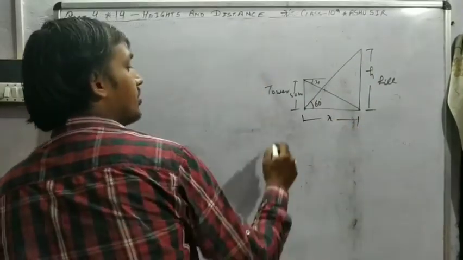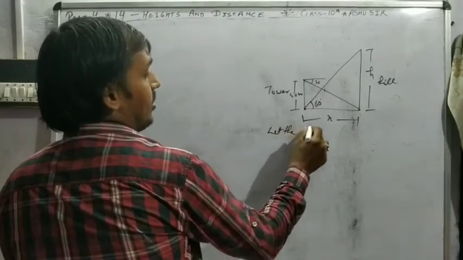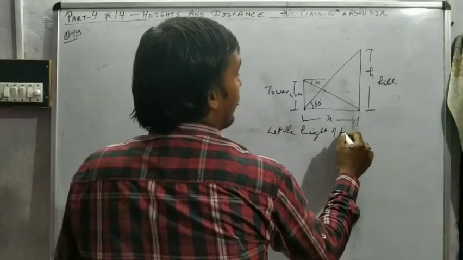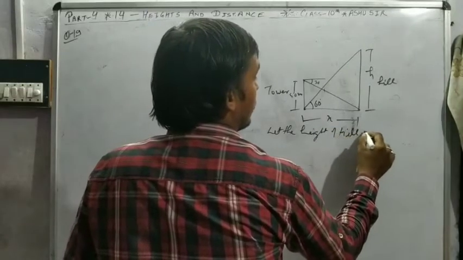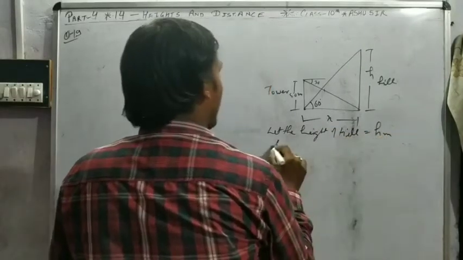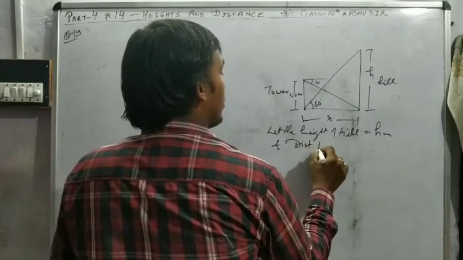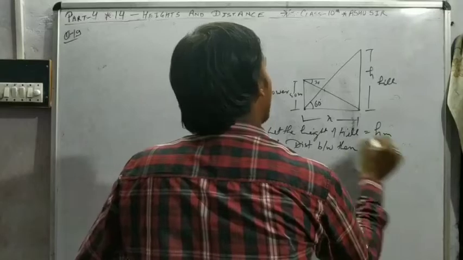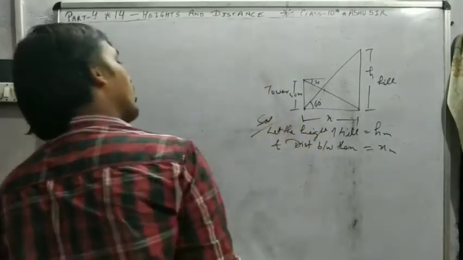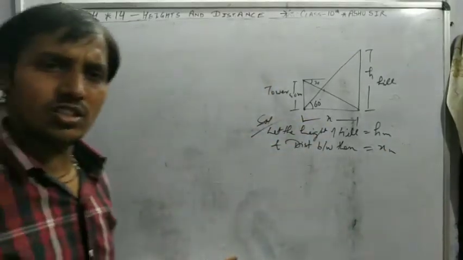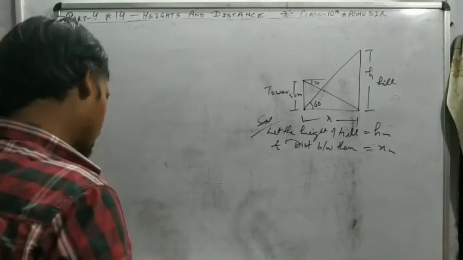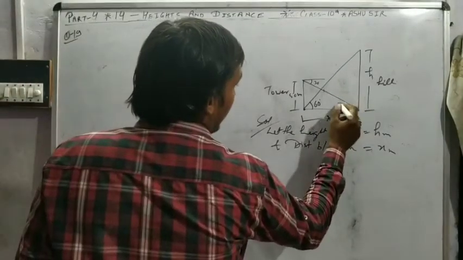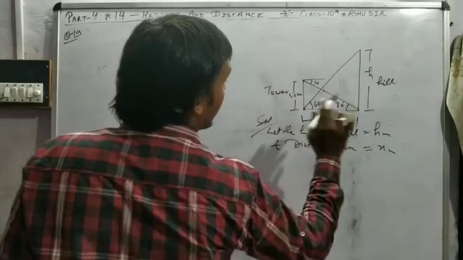Suppose that the distance between them is x, so let the height of the hill be h meter and the distance between them be x meter. Same process, two triangles, we want to combine them and find the height of the hill. This angle is 30 degree, angle of elevation equal to angle of depression.